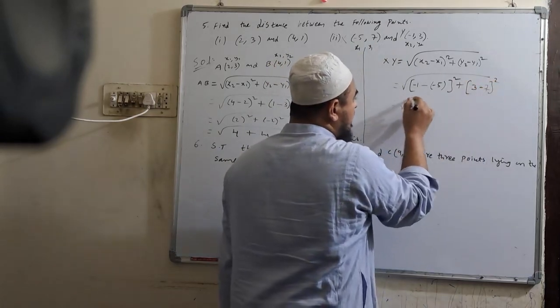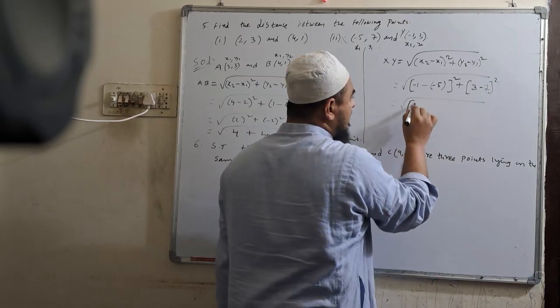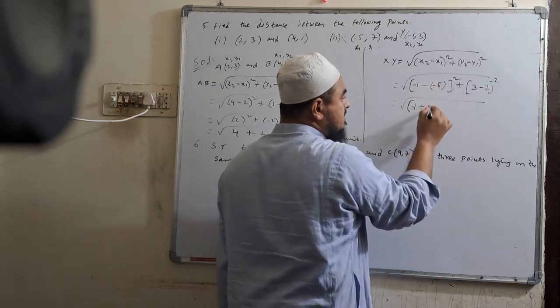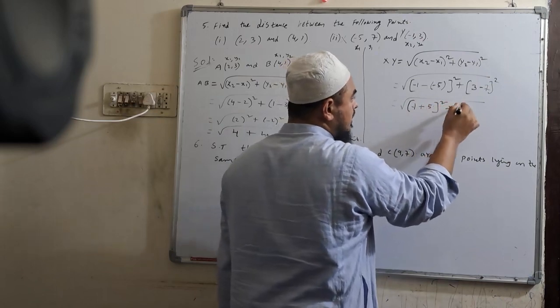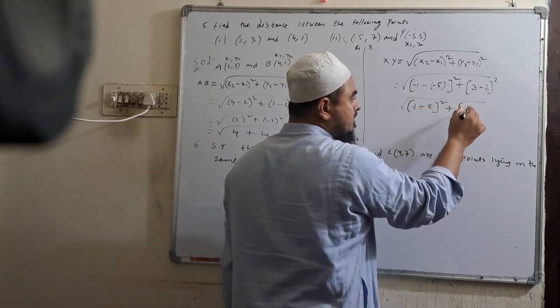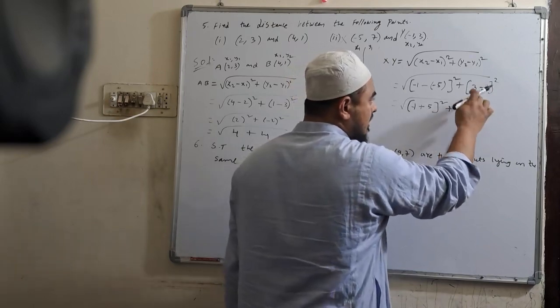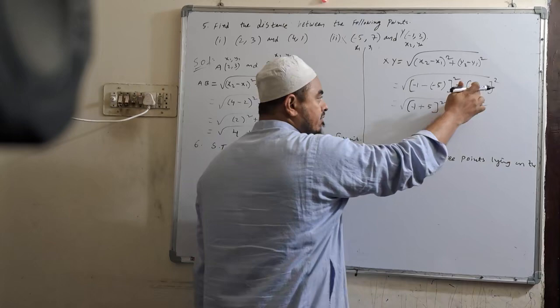So if you observe here, minus 1 here you have, and minus of minus is going to be plus 5 whole square. And in this here we have 3 minus 7 square, 3 minus 7 is minus 4 square, the bigger value is negative, so we get minus 4.